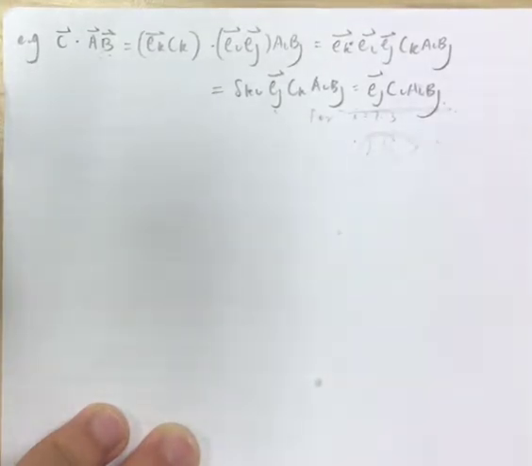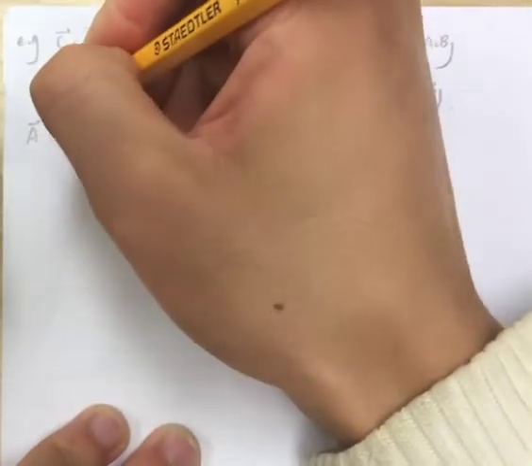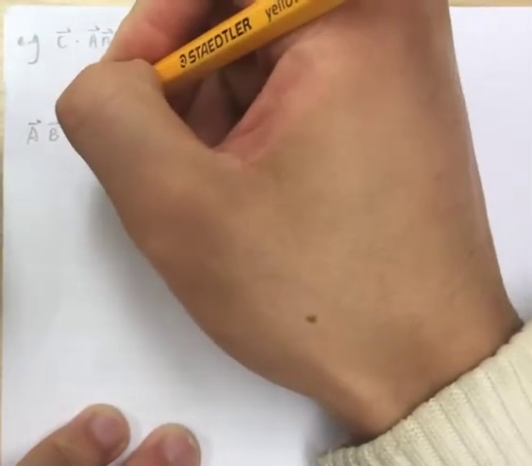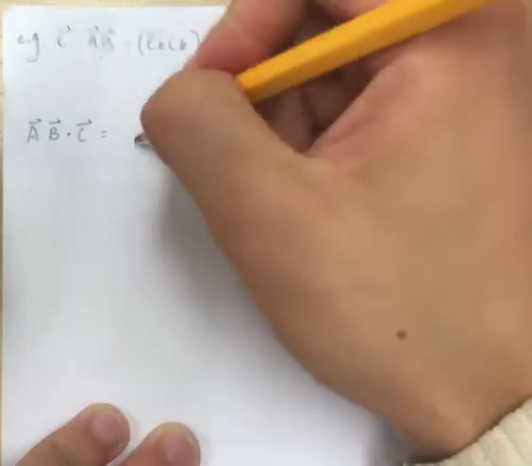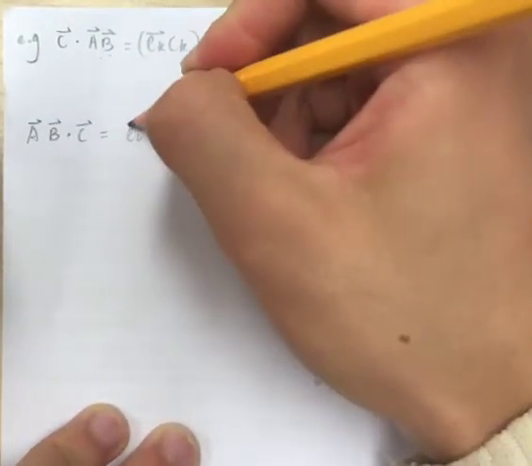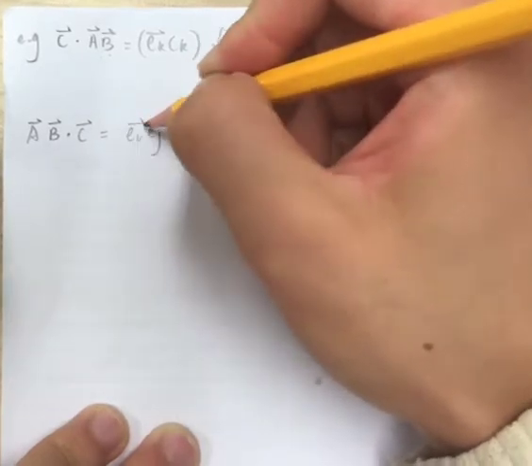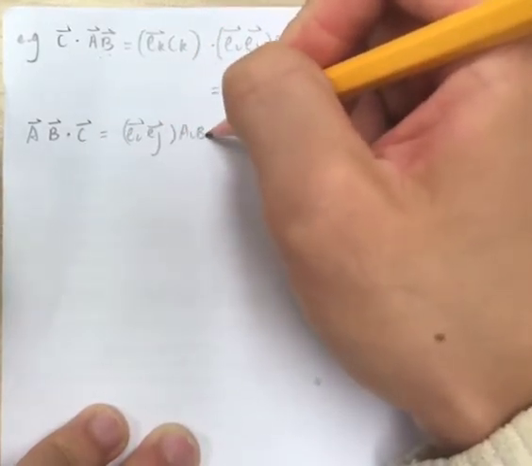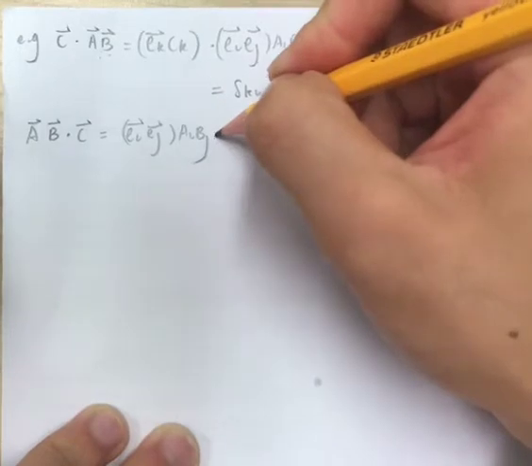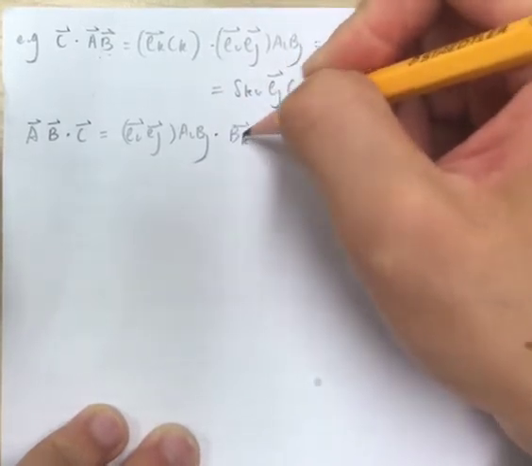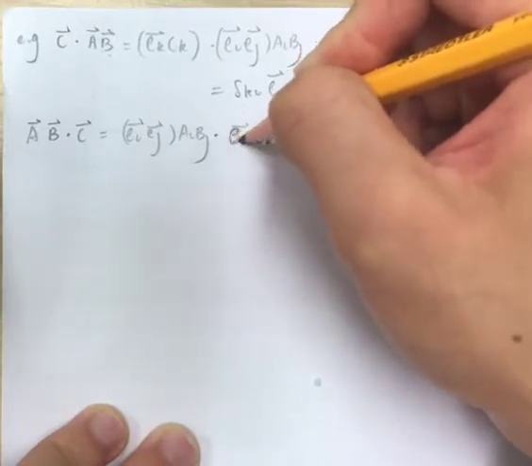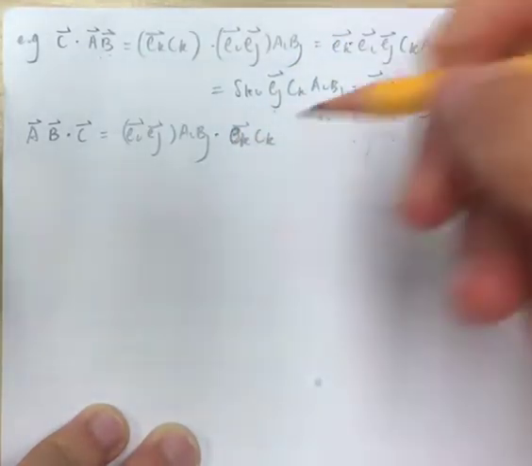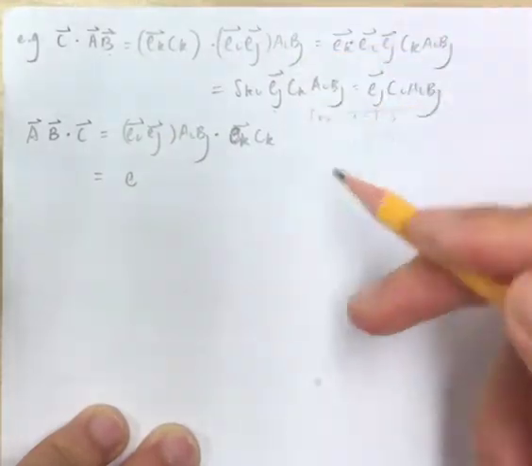Okay, now let's consider another example. Let's say we first have the dyadic, and then we have the dot product. Also, we can expand this thing, and this thing dot e_k C_k. Okay, same reasoning.